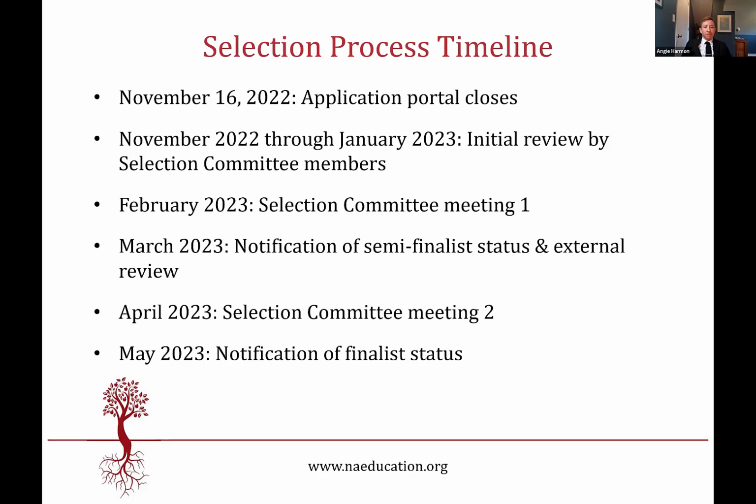Our second selection committee meeting will be held in April 2023, and at this time, our 25 finalists will be selected, and you'll be notified regarding your status in May 2023. Should you be selected, the fellowship period begins in July 2023, although most postdoctoral fellows choose to begin in September.